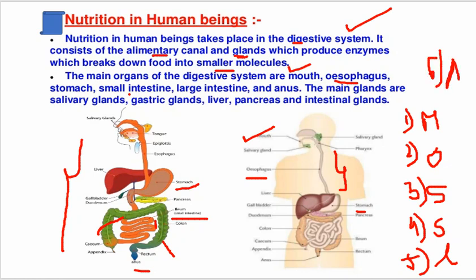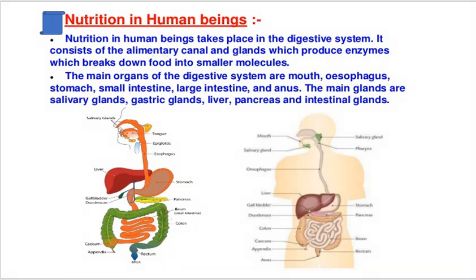the anus. And here the main glands are the salivary gland, that is present in the mouth, then the gastric gland, that is present in the stomach.